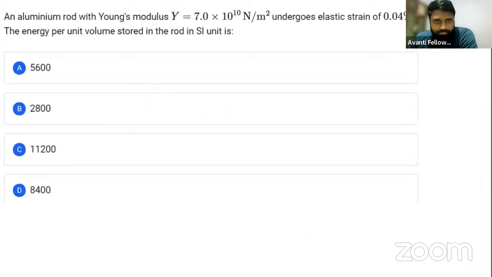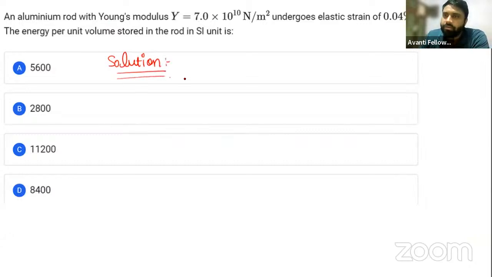Okay. Now this is a question asked in JEE Main 2023. Try to solve this question. It is based on the same concept I have told you in the previous question. So try to solve this. I'm giving you 1 minute, not more than that, because you will be able to solve this question in 1 minute. I'm writing the given parameters.